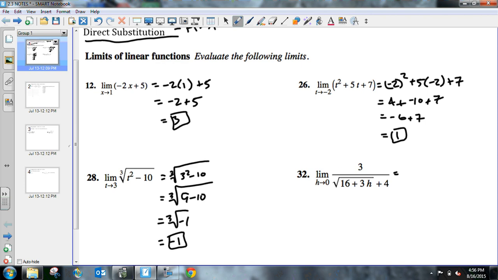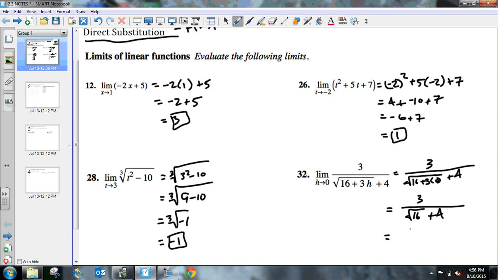So this, we got 3 divided by the square root of 16 plus 3 times 0, and then plus 4. All right, so we get 3 all over the square root of 16. 3 times 0 is 0, so we just get square root of 16 plus 4.